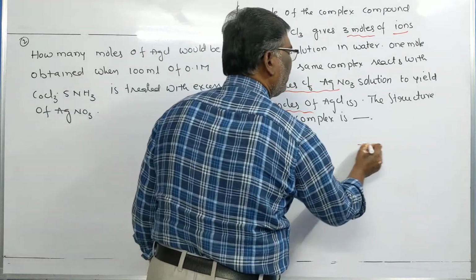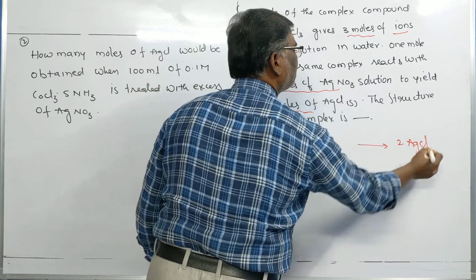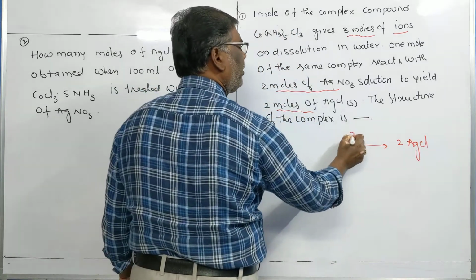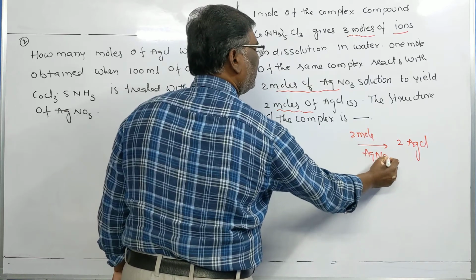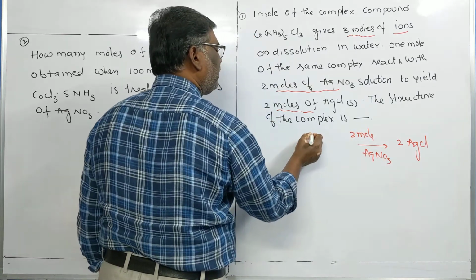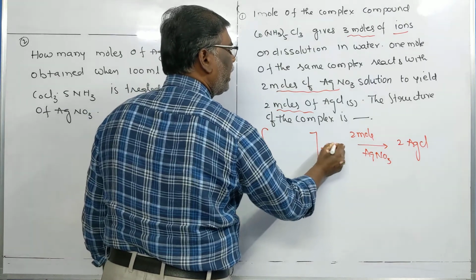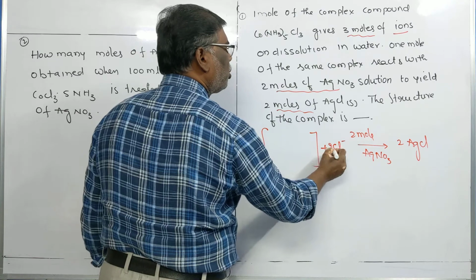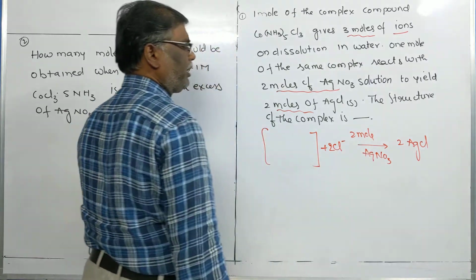Whenever 2 moles of AgCl are formed, it means it reacts with 2 moles of AgNO3, so in this complex there are two chloride ions available to combine with AgNO3.